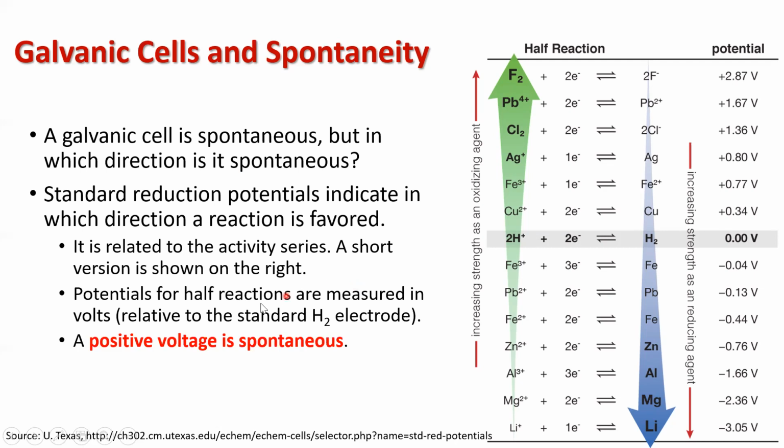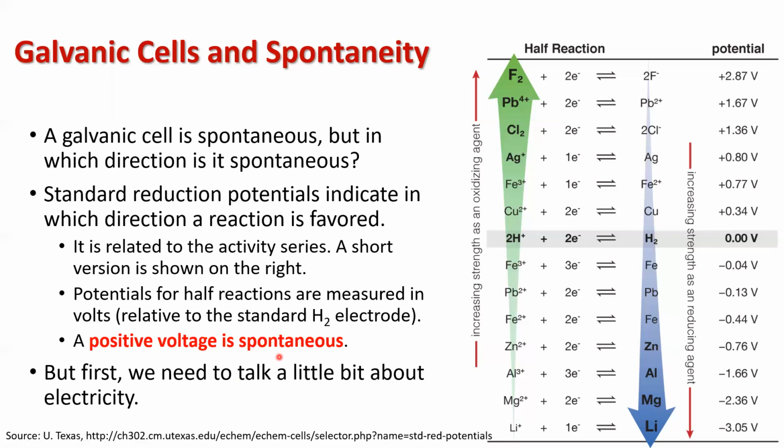So the potentials for the half reactions are measured in volts. The V here are the units that we're using for our standard reduction potential values. And they're all relative to a hydrogen gas electrode, which we're going to look at in a second. And if the voltage is a positive value, the reaction is going to be spontaneous.